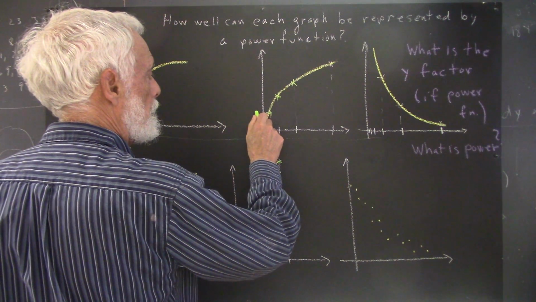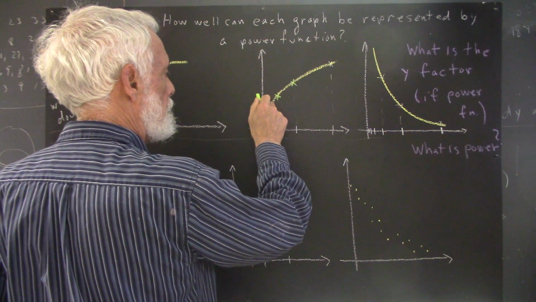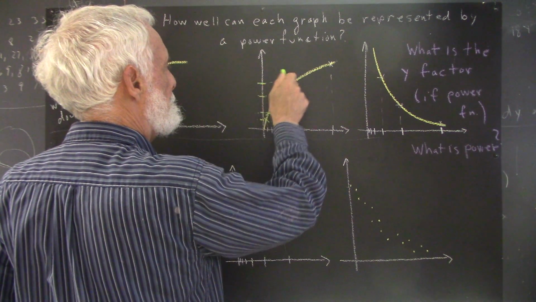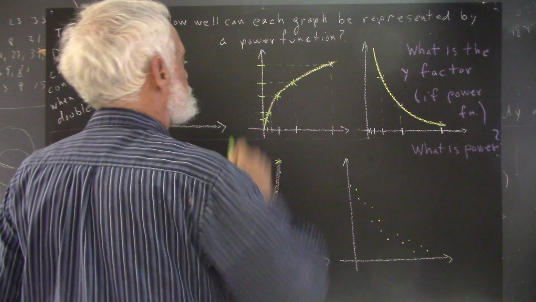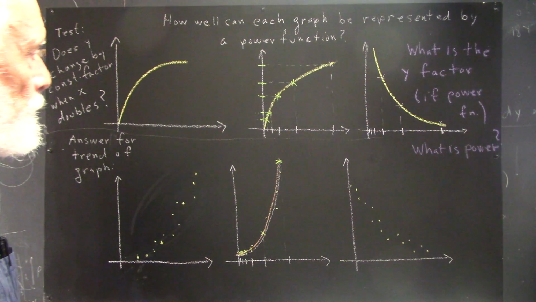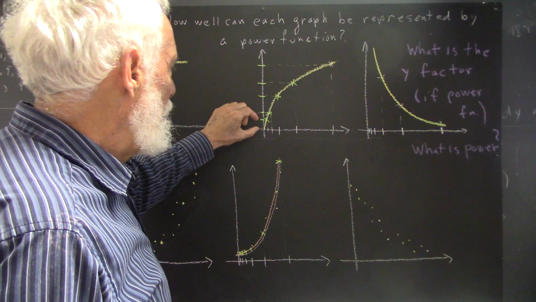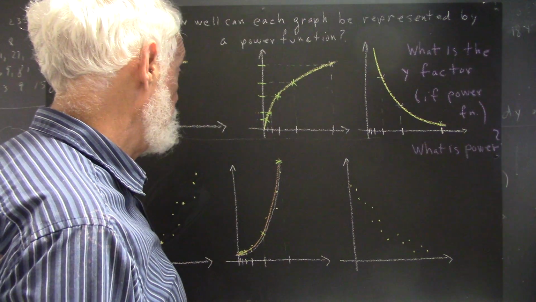Now we can draw projection lines, that might be helpful. Okay, so let's see. This point appears to be a little more than half again this point. So I'd say the factor here might be about 1.7.